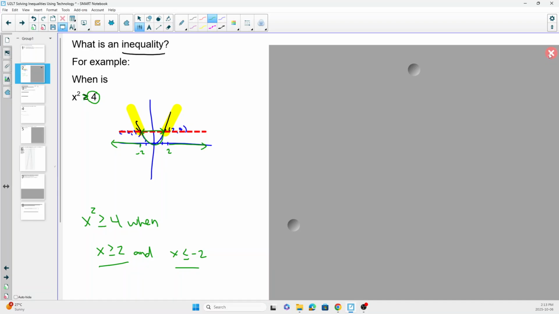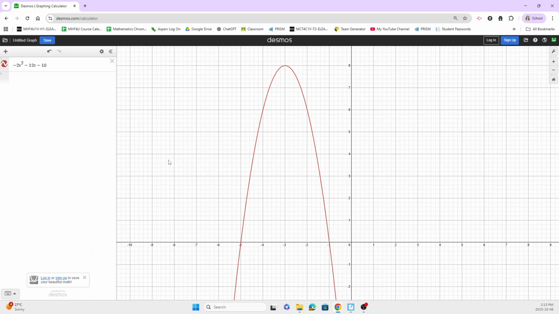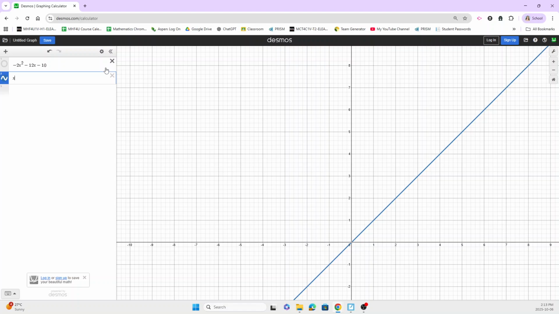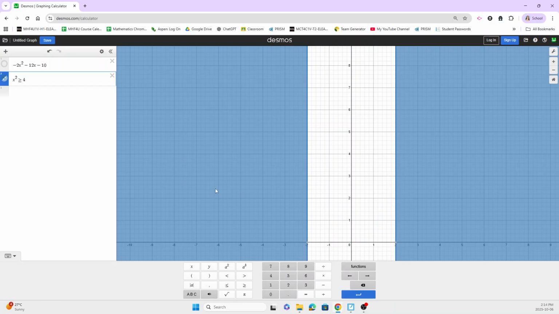The other thing I want to show you is that Desmos is really good at showing you the answer for inequalities. Here I have my graph of x squared, and when I type when x squared is greater than or equal to 4, it gives me this graph. If I go to Desmos, and we're going to use that one later, and I type x squared greater than or equal to 4, it looks like this.